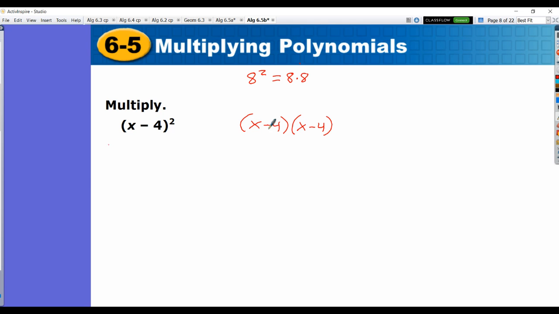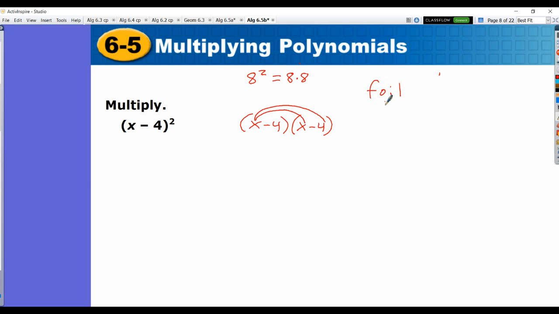Now that it looks like this, we have two binomials that we can multiply together. So we can go back to our FOIL method to help us out. So we have our first terms multiplied. So we're doing distributive property with x. So first, then we're going outside, and that takes care of everything with the x.